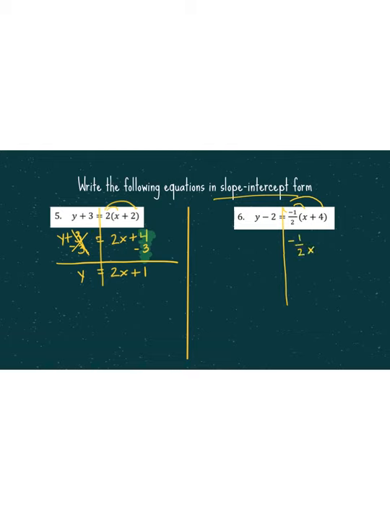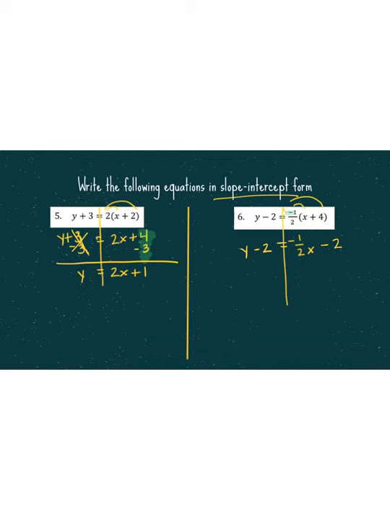If you take half of a 4, you would get 2, but because of that negative right out front, it's going to be a negative 2. So 1/2 of 4 is going to give you a negative 2, and that's going to be equal to y minus 2. Okay, now we want to get that y all by itself.